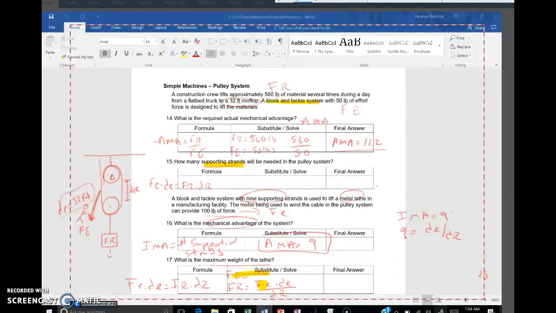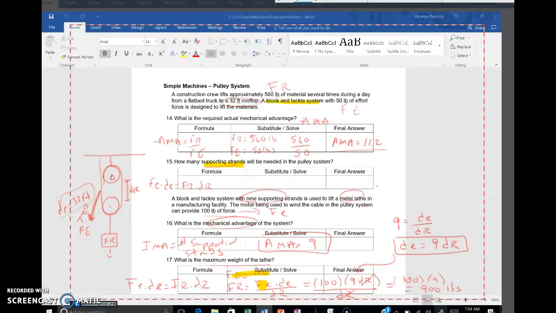So what we could do is, just by simple algebra, let me redo this. If 9 is equal to DE over DR, then rearranging, DE is equal to 9 DR. So if we plug that into our equation, and we know this is 100, our DE is now 9 DR divided by DR. Using algebra, we can cross these out, and what we're left with is 100 times 9, and that gives us 900 pounds.